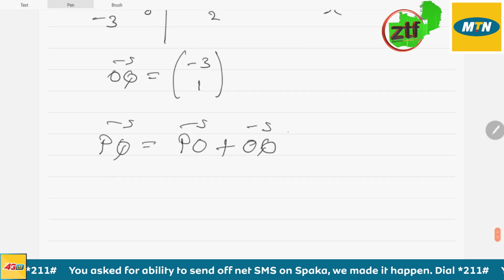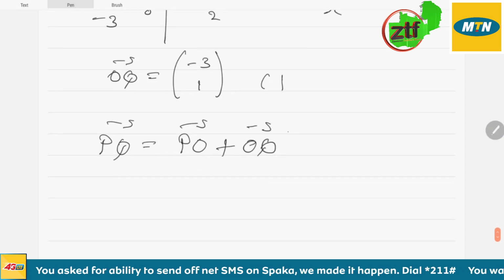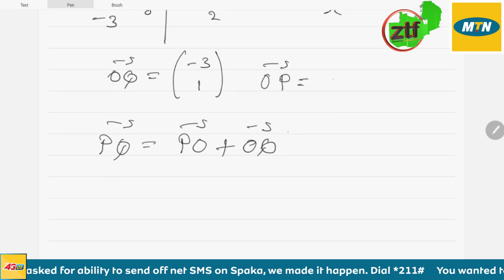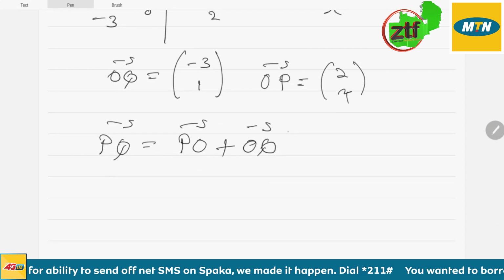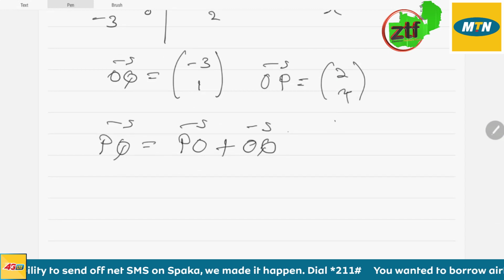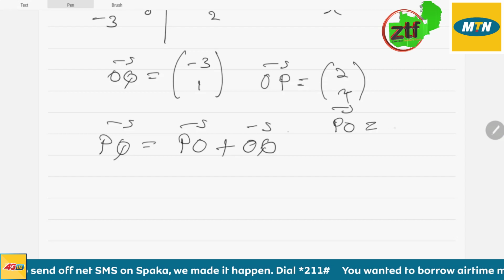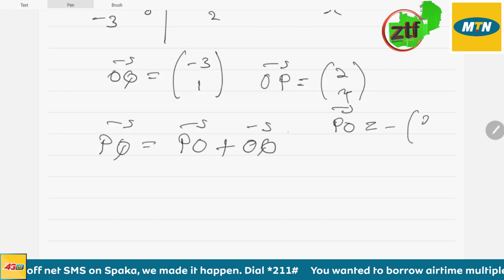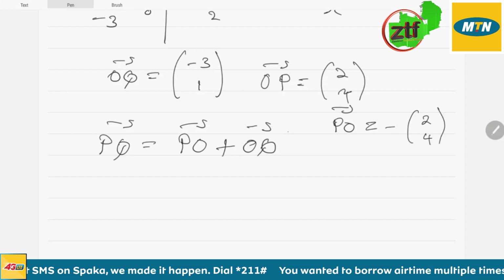So since OP is equal to 2, 4, then vector PO will be -2, -4.